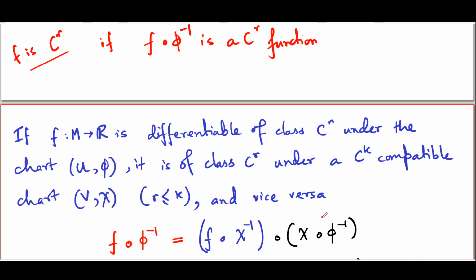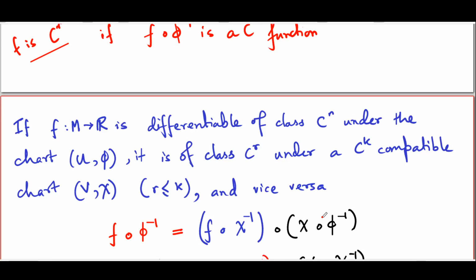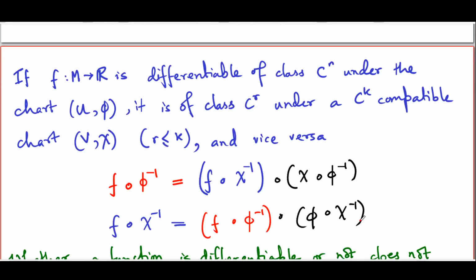F composite phi inverse, this proxy function according to the chart u, phi, is actually a composite of f composite chi inverse, the proxy function according to the chart v, chi, with the transition function chi composite phi inverse. Similarly, the other proxy function f composite chi inverse can be obtained by composing f composite phi inverse with phi composite chi inverse.